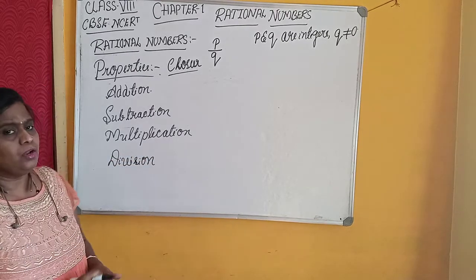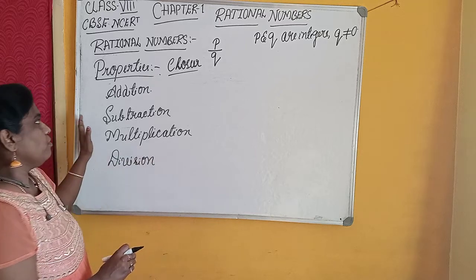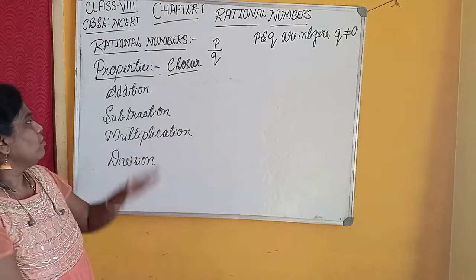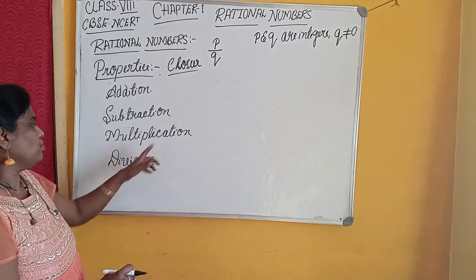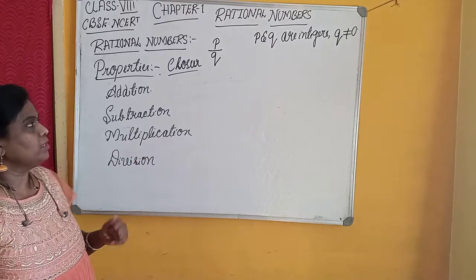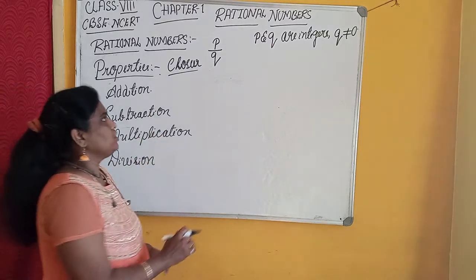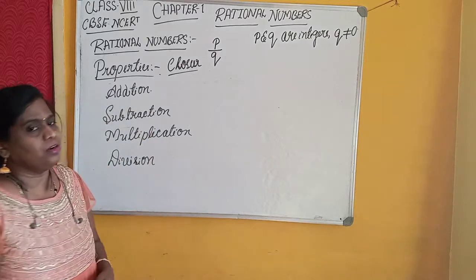Let us check the closure property for the rational numbers for addition, subtraction, multiplication and division of the rational numbers. Let us check in case of addition.